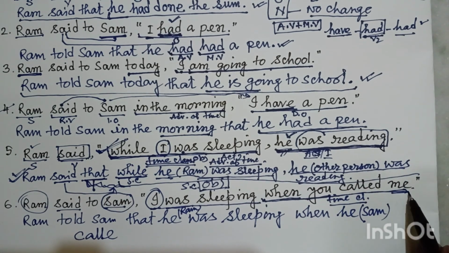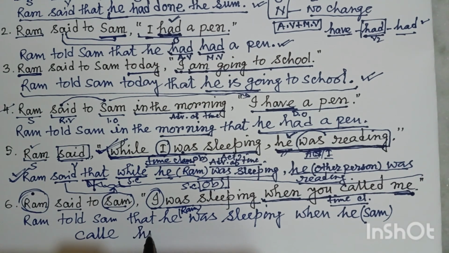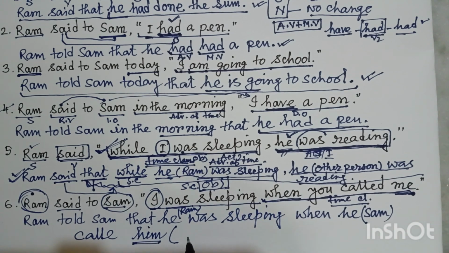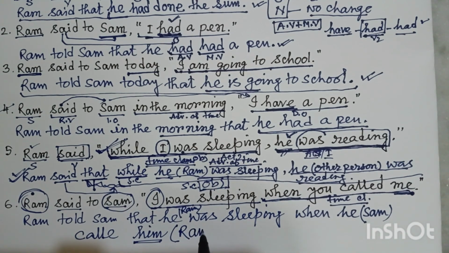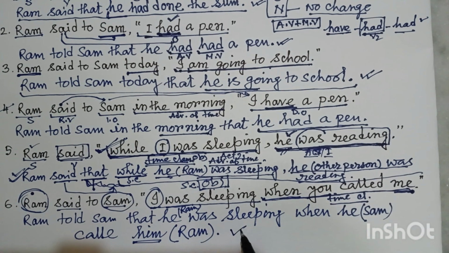Look, "me" is the first person objective form. So first it will be changed according to Ram. So the subjective form is he, and objective form of he is him. So it will be him. Again, within bracket, this he actually is Ram. So we have to write down Ram. My dear friends, this is the correct answer.